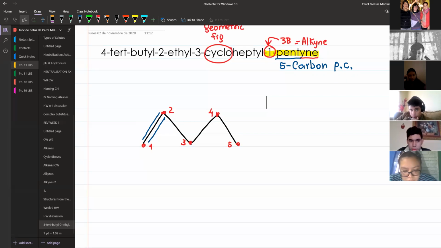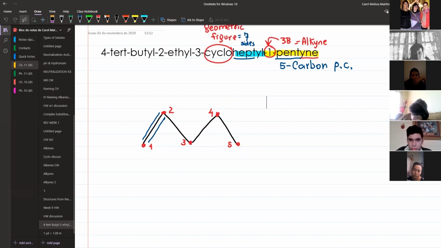Now, heptane in this case tells me about the number of sides. How many sides are in heptane? Hept. 7. The prefix hepta means 7. In this case, it is a geometric figure of 7 sides.